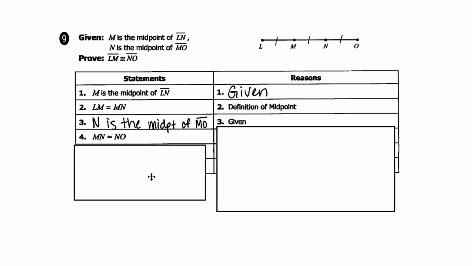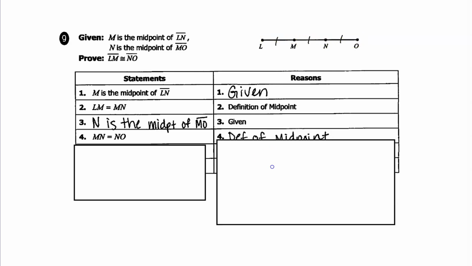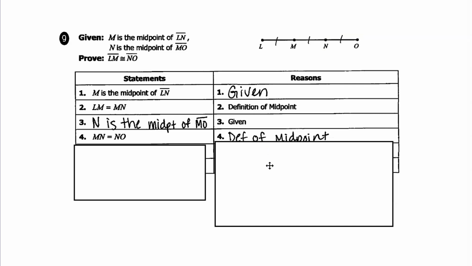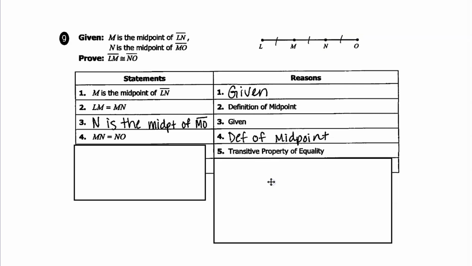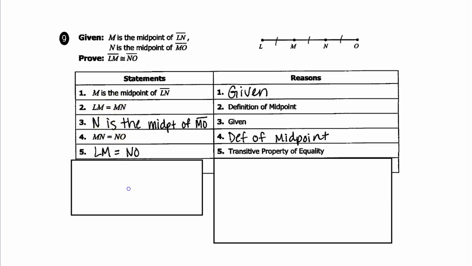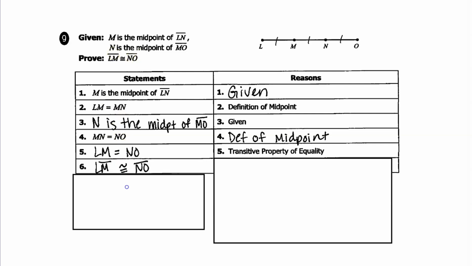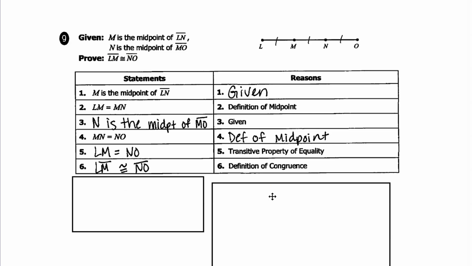You're given MN equals NO. Well, MN, which is right here, equals NO, because N is the midpoint, so that's your definition of a midpoint. Then the transitive property of equality, well, what does that do for you? Well, that means we cancel out the two MNs. We're left with LM equals NO. And notice that all we're going to do is add a congruence sign in the symbols, which is congruence.